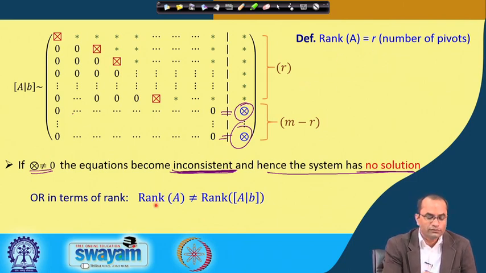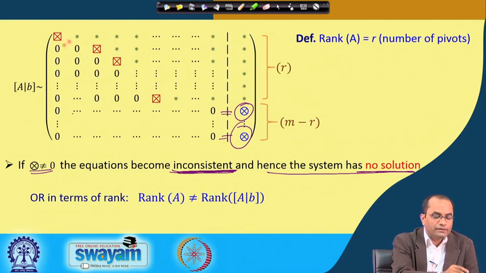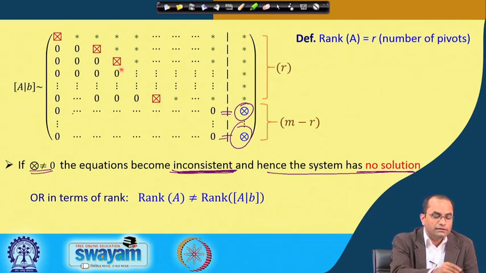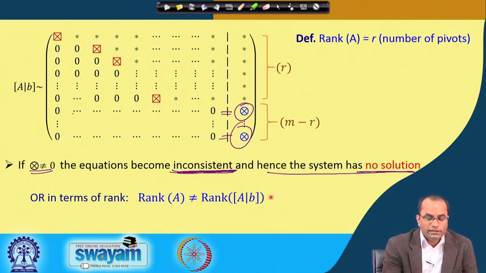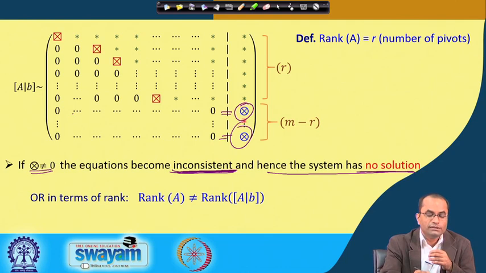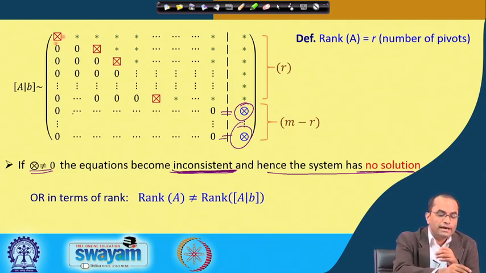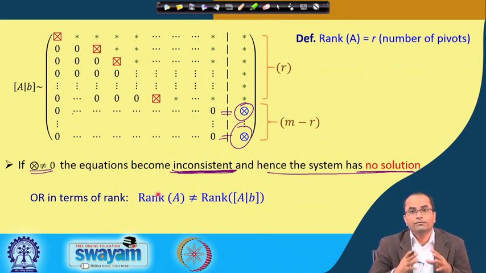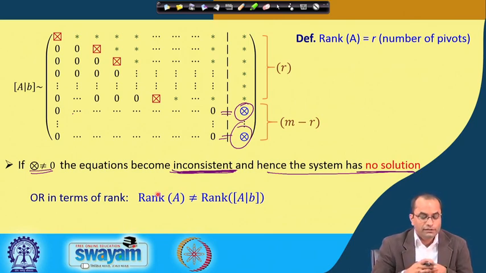But in terms of the rank, the rank of the A matrix is this r, the number of pivot elements, and it is not equal to the rank of the whole augmented matrix, because when these are non-zero numbers, the number of pivots in the whole matrix will be more than the rank of A, and in that case we have the inconsistency.